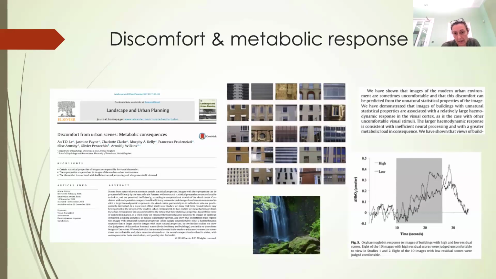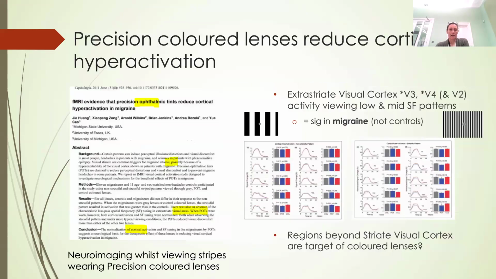And this has also been inferred from looking at architecture, where the BOLD response in the visual cortex is greater for visual scenes that are uncomfortable and diverge most greatly from natural scene statistics. They cause a greater response in the visual cortex. And this is another important study that looked at how coloured lenses reduce the cortical hyperactivation in the visual cortex.